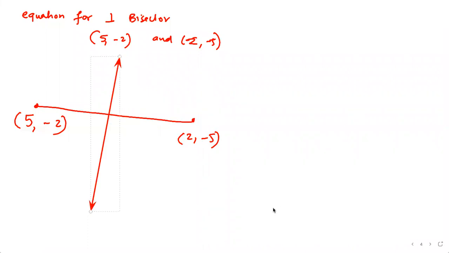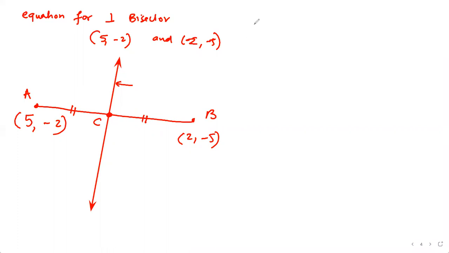So you have to find the equation of the line that bisects this line segment, meaning this distance and this distance are the same. Here we have to use the very important logic of the midpoint. If this segment AB is getting bisected by this line, it means that C is the midpoint.